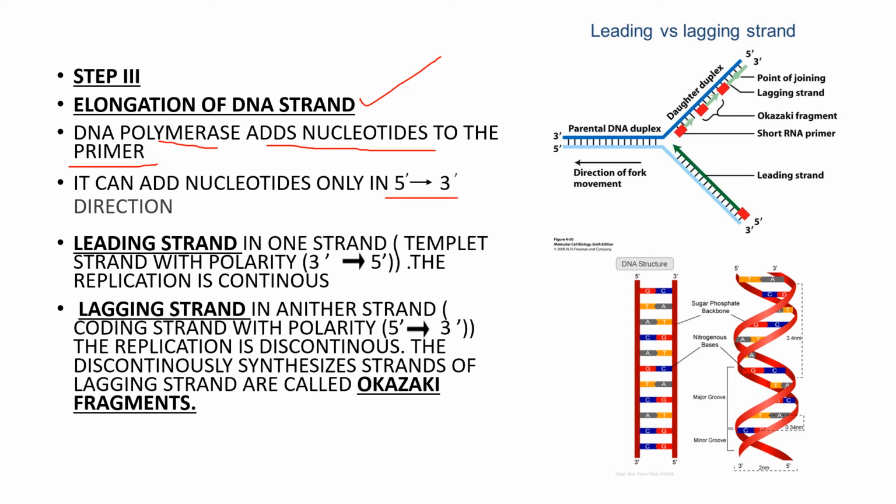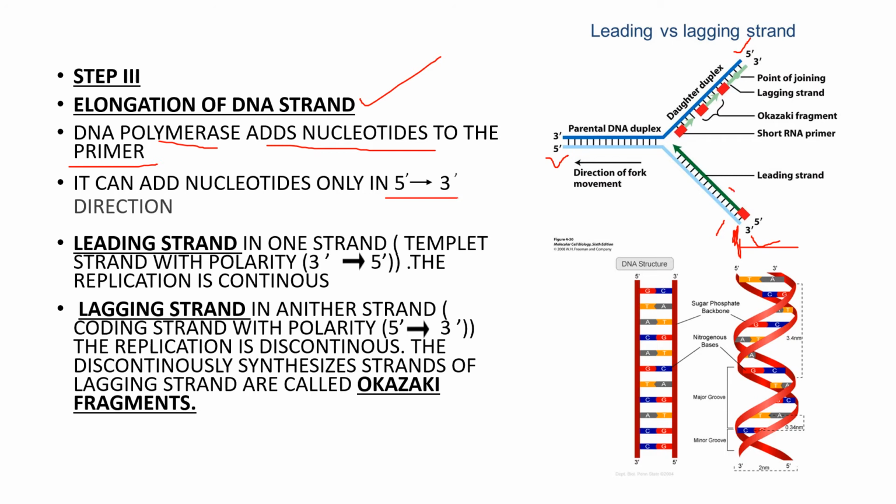Now listen carefully. This is one strand which is acting as a template, and this is another strand which is acting as a template. This template strand is running in 3' to 5' direction. And the newly synthesized strand, which is getting synthesized with this template, will have the opposite polarity to this template strand.